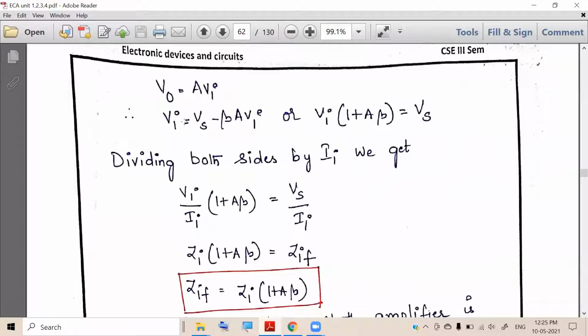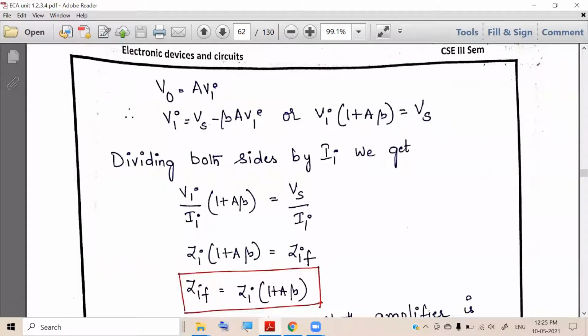What we are doing here is bringing this term to the LHS and taking Vi common.